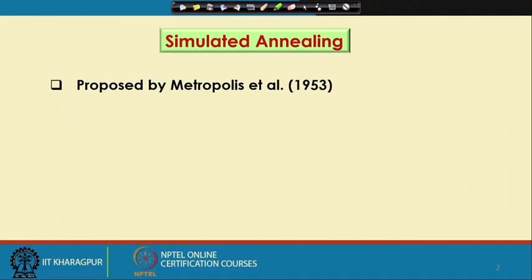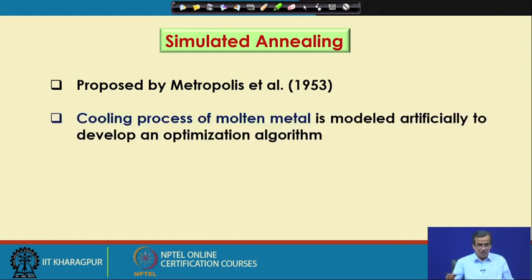Now, simulated annealing was proposed by Metropolis et al. in the year 1953, long back, even before the introduction of genetic algorithm. Genetic algorithm was proposed in the year 1965, but the concept of simulated annealing came before that in the year 1953.